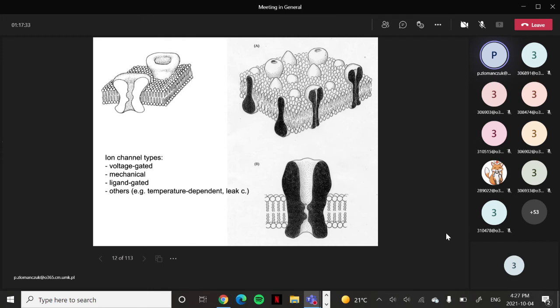Due to the fact that they are reacting to external environment changes, or sometimes even internal environment changes, we can systematize those proteins, these ionic channels, according to the type of stimuli they are responding to.